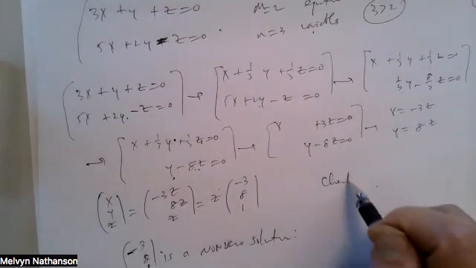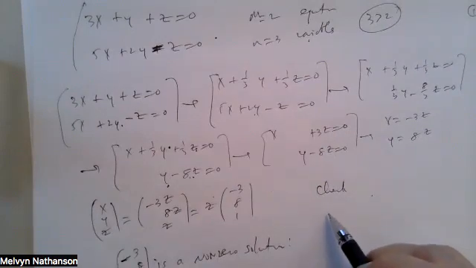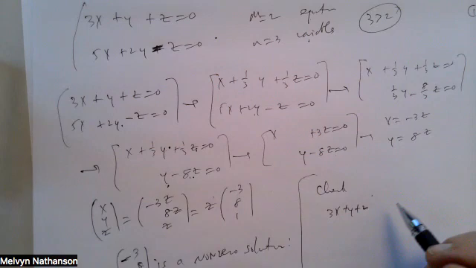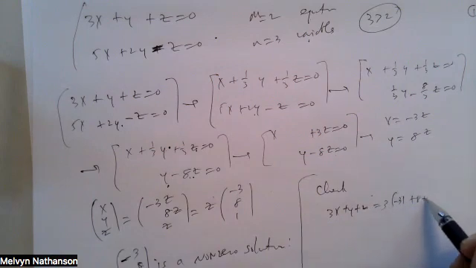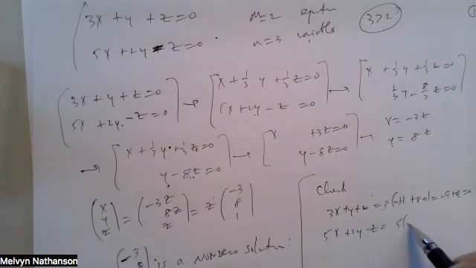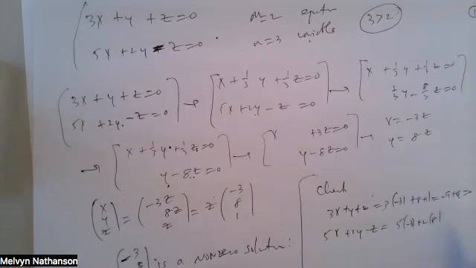Let's just check. If I take 3x plus y plus z, that's 3 times minus 3 plus 8 plus 1, which is minus 9 plus 9, which is 0. In the second equation, 5x plus 2y minus z, that's 5 times minus 3 plus 2 times 8 minus 1.